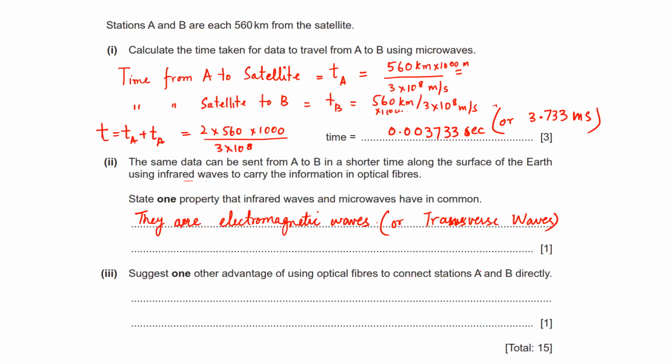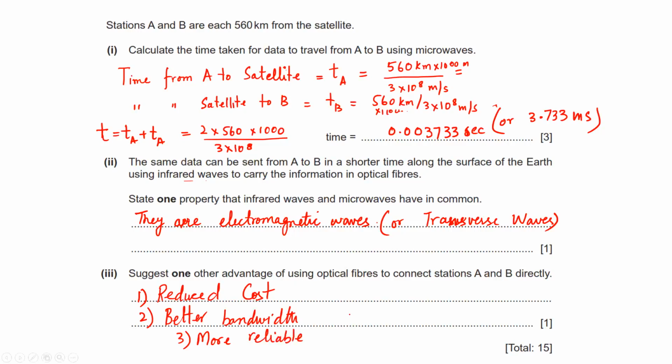Then part 3 says give just one advantage of using optical fibers to connect stations A to B. Number one, reduced cost. Satellite communication is very expensive. Other advantages: better bandwidth, you can send more data. It's more reliable communication because there is a lot of information that is lost otherwise.